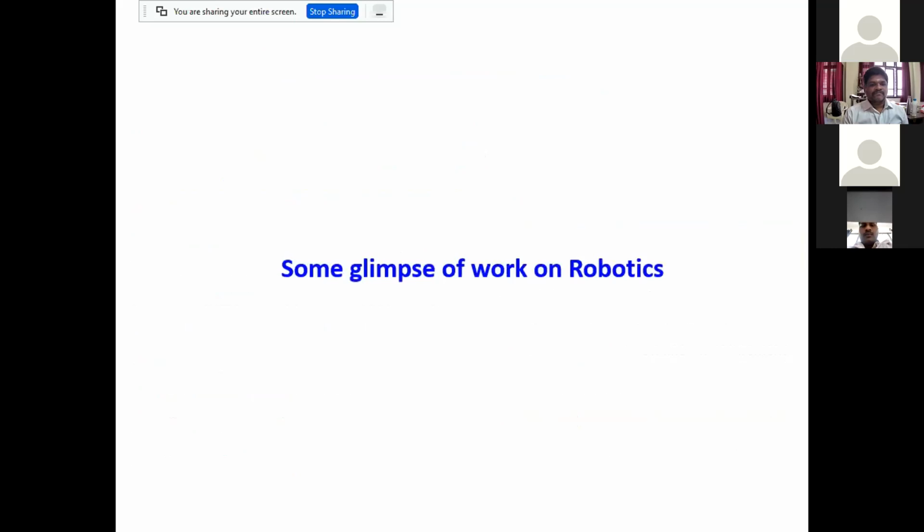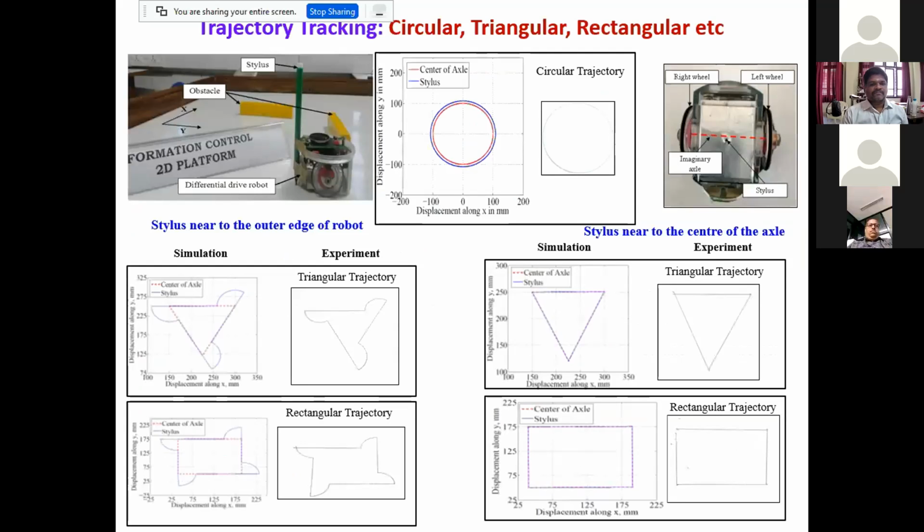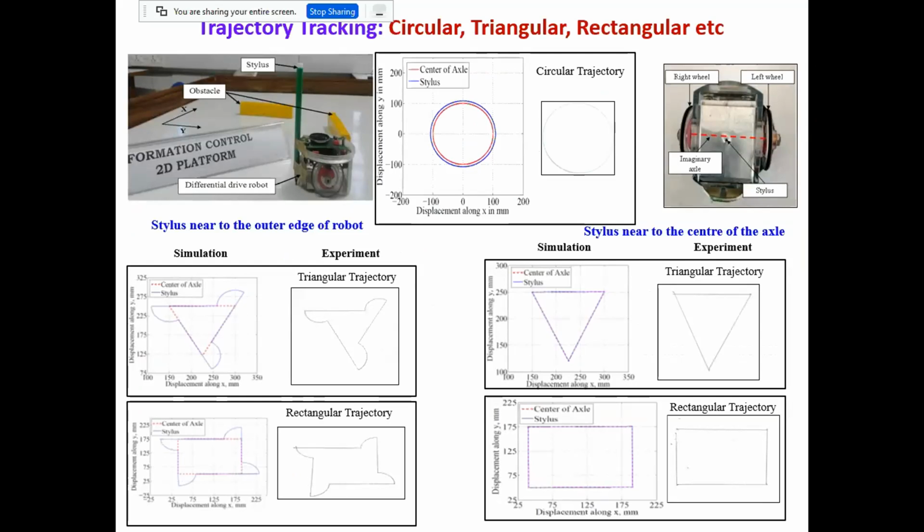Now I'll show you a glimpse of the work being carried out in our laboratory. You'll see here some of the work on trajectory tracking. Here I am showing you the regular trajectories, both experimental as well as simulation work carried out in our laboratory. This is a 2D platform, and these are the EPEC robots. The EPEC connects wirelessly and navigates on the ground.